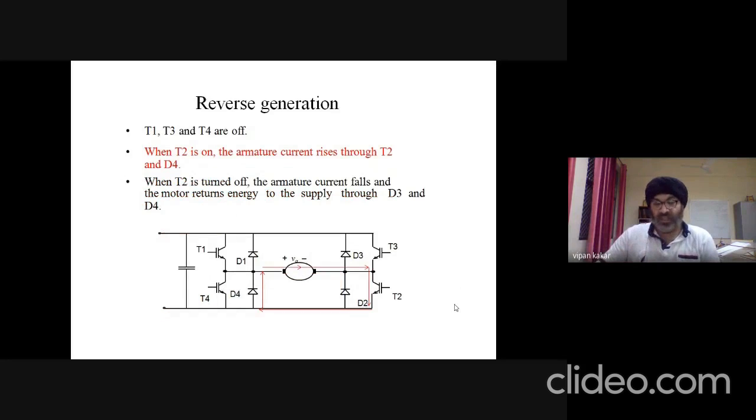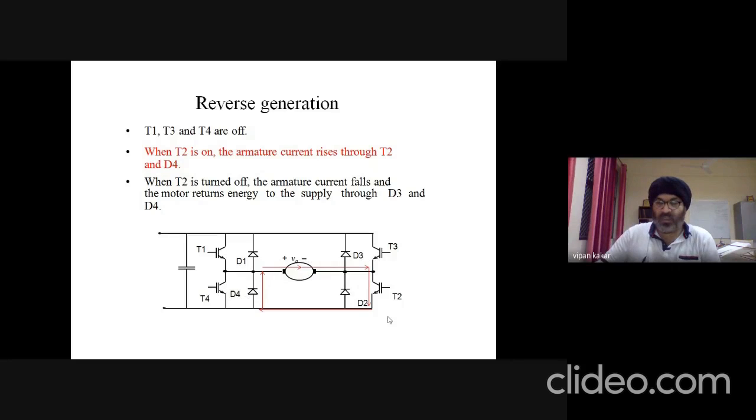Now reverse generation. So after reverse motoring, we'll see how reverse generation will happen, means how this reverse current is transferring the energy back into the battery. So T1, T3 and T4 all are turned off.